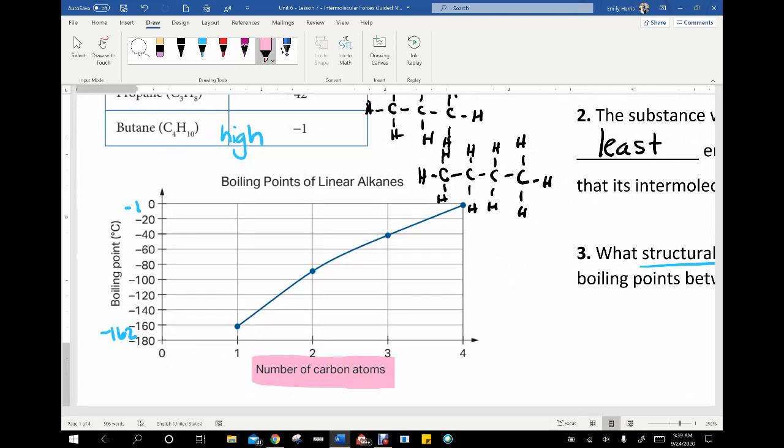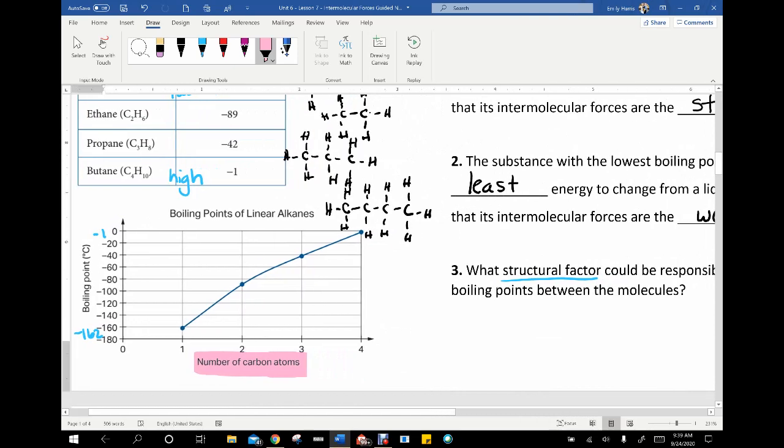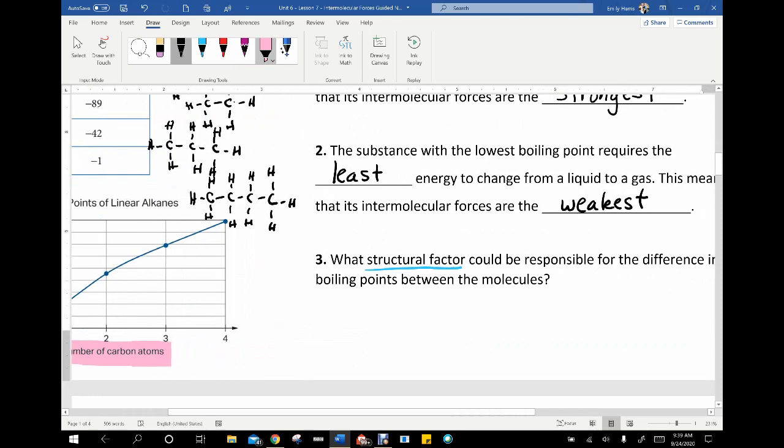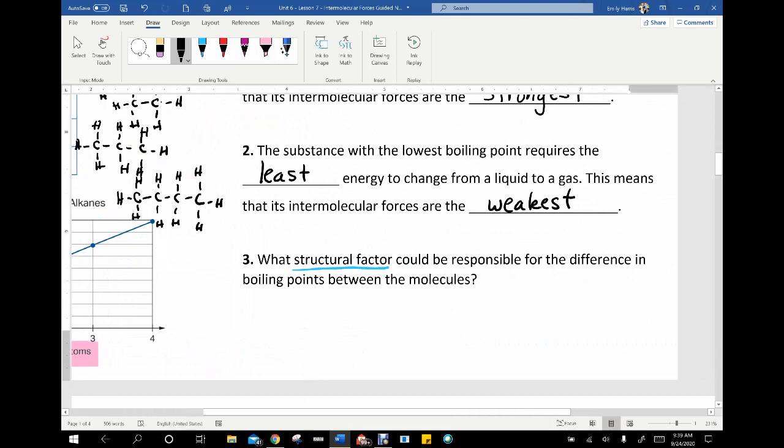And so what we see, as you add more carbon atoms, the boiling point goes up, which means the forces are getting stronger. So it looks like as our molecules get bigger from adding more carbons, the forces get stronger. So maybe that's the factor that's at stake.